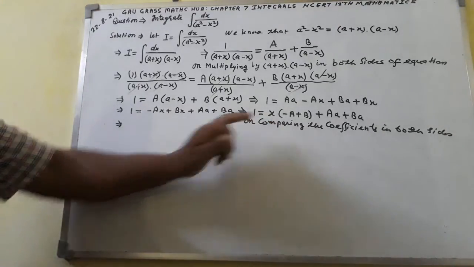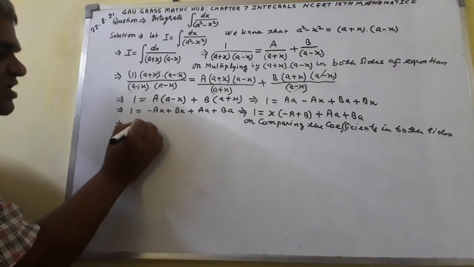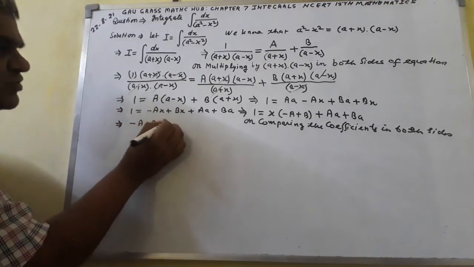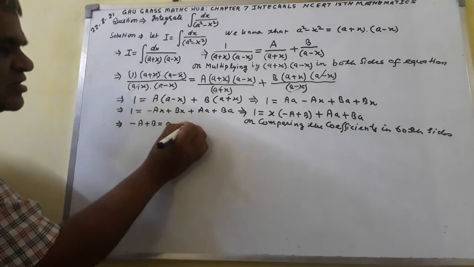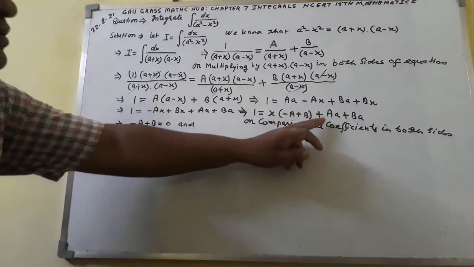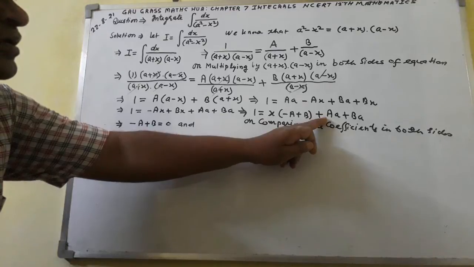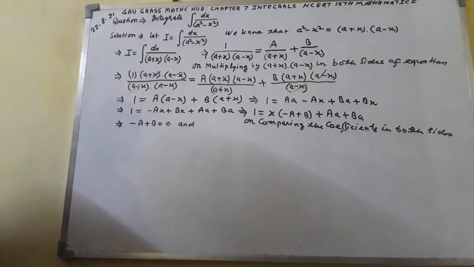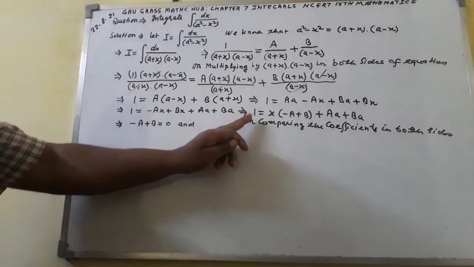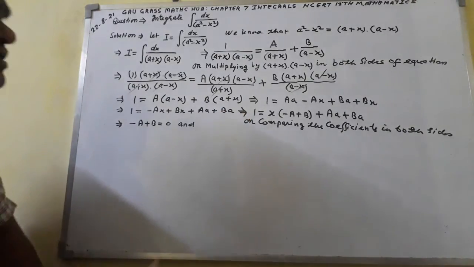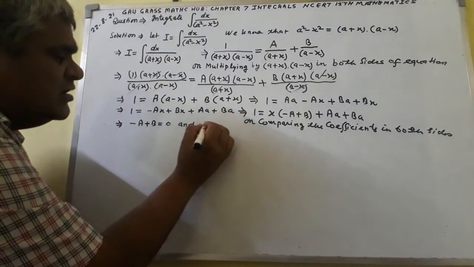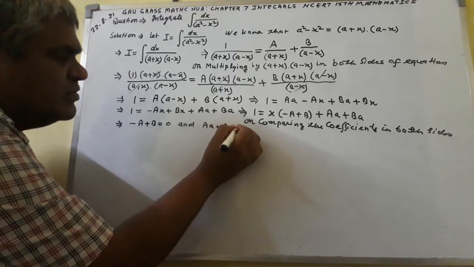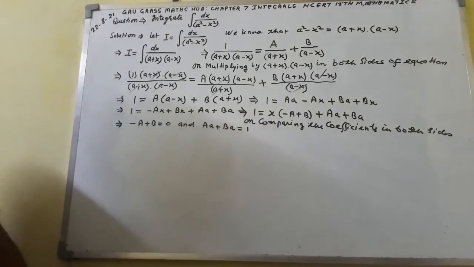That's why minus A plus B comes out to be 0, and Aa plus Ba is a constant, will be equal to 1, which is a constant. So here I shall write Aa plus Ba equal to 1.